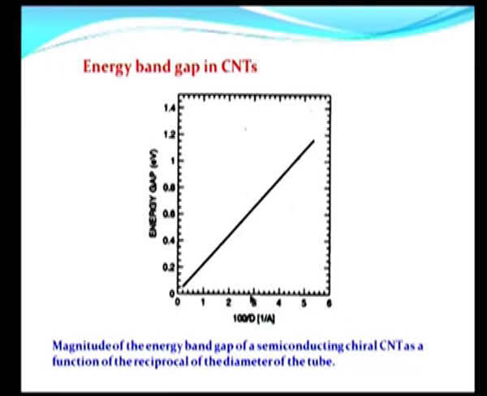So, the diameter is increasing this way, because this is the inverse diameter. As the diameter is increased from low values to higher values, the energy gap falls from about 1.2 and approaches 0 as the diameter of the carbon nanotube is increased.